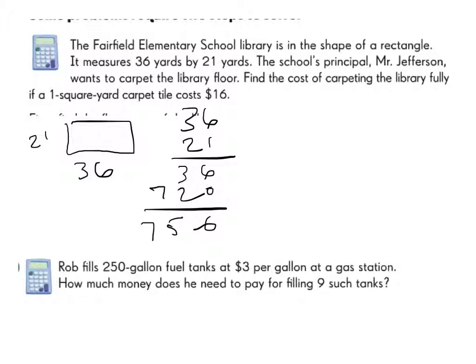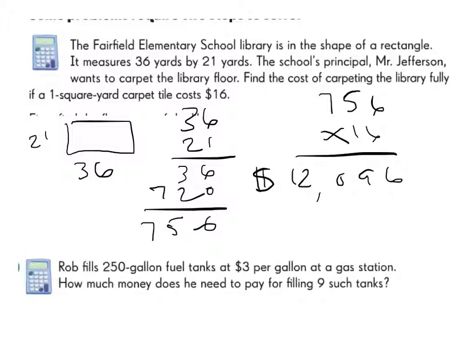And then each tile costs $16. So this is the second part of the problem. I would have to do 756 times 16, which you could type on the calculator, and you will get 12,096. So the cost to carpet the library would be $12,096.